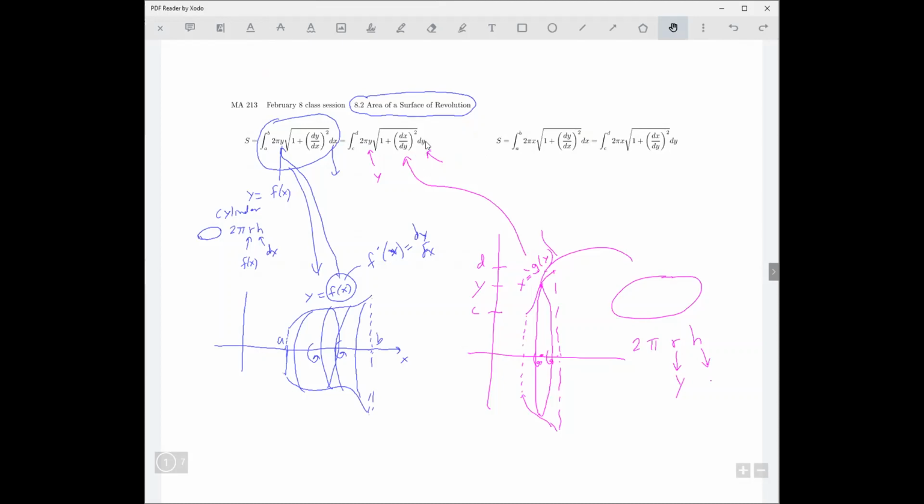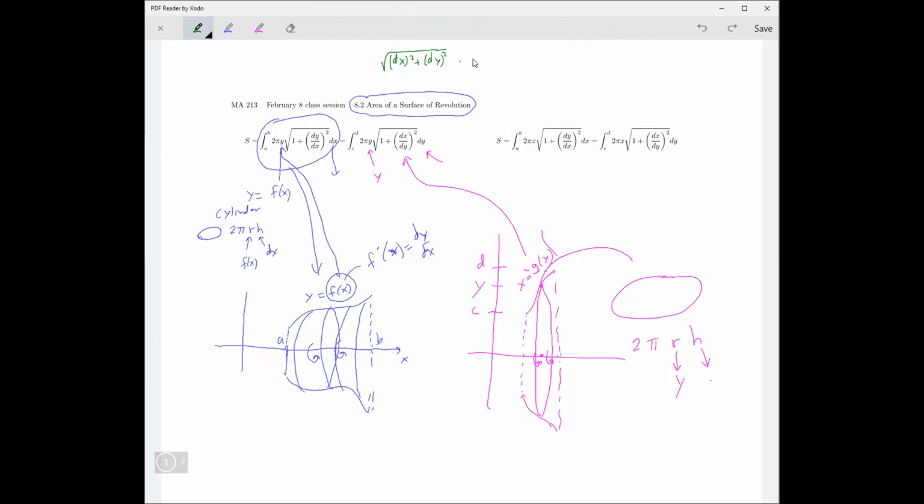Now the reason that you have a dy here is because of this formula, the way that it is. What you start out with is this, your arc length right here.